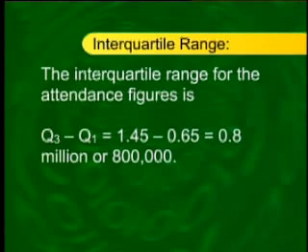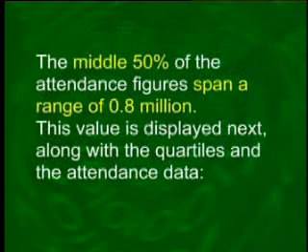Now, students, what is the interpretation of this result that we have just obtained? It means that the middle 50% of the attendance figures span a range of 0.8 million.